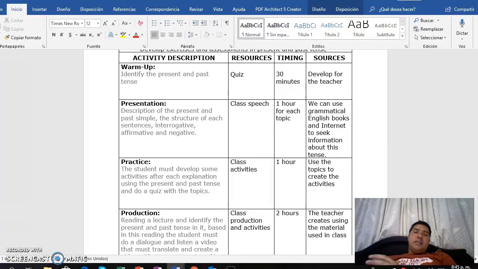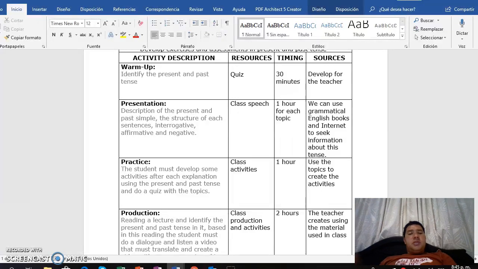So this is the first activity, to identify the weaknesses and the strengths of our students. This is going to take about 30 minutes. I don't think this will take a long time.